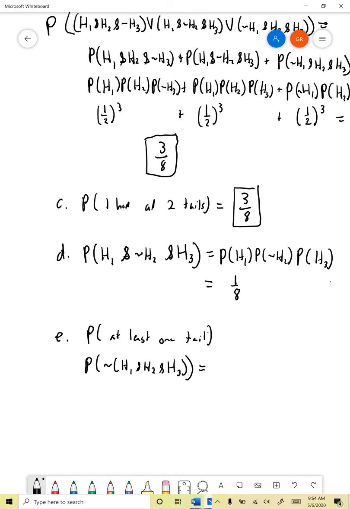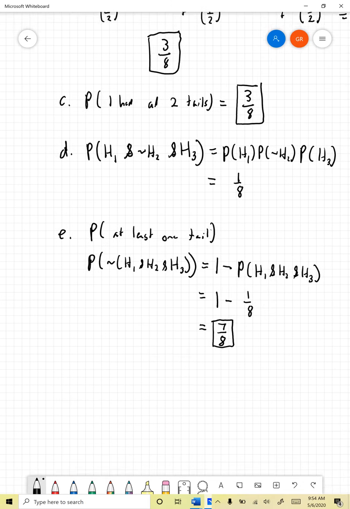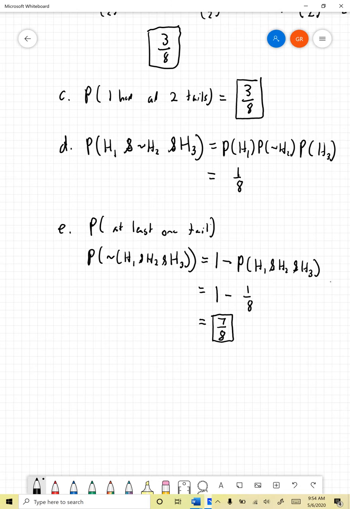But this is finding the probability of a negation, which we can use the negation rule to do. So we'll do 1 minus the probability of H1 and H2 and H3. But we already know the probability of getting all heads is just 1/2 cubed or 1/8. So it's going to be 1 minus 1/8, which is 7/8. So 7/8 is the probability that you'd get at least 1 tail. All right? Not so bad.